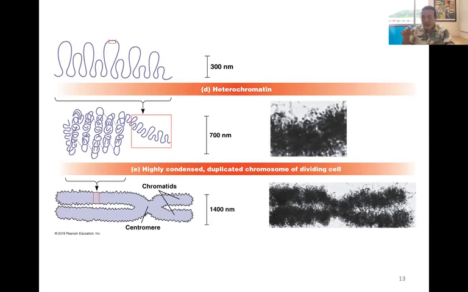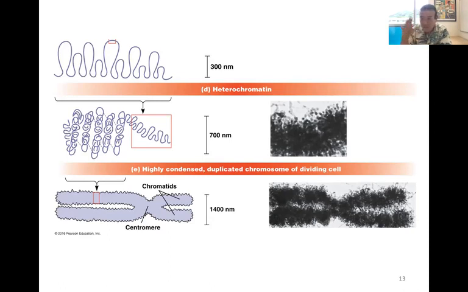I point this out because surely the general public, if you were to ask them what does a chromosome look like, they might be like, oh, I don't know, I guess it's those X's. We see those X's. And I think many life science students tend to think, yeah, the chromosomes in our cells look like these X's. So that can be kind of misleading because the reality is it's only for a brief time in the life of your cell that your chromosomes are actually arranged as these X's.